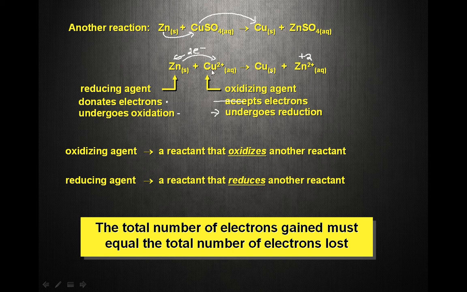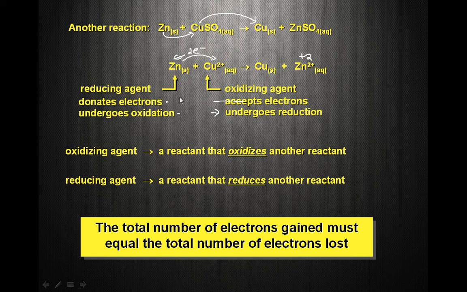It helped copper become reduced. Now, zinc lost 2 electrons, and what made it lose 2 electrons? Well, copper made it lose 2 electrons. So zinc lost 2 electrons to copper. Copper 2 plus was what we call the oxidizing agent. It made zinc lose the electrons, and you can see the definitions down there.